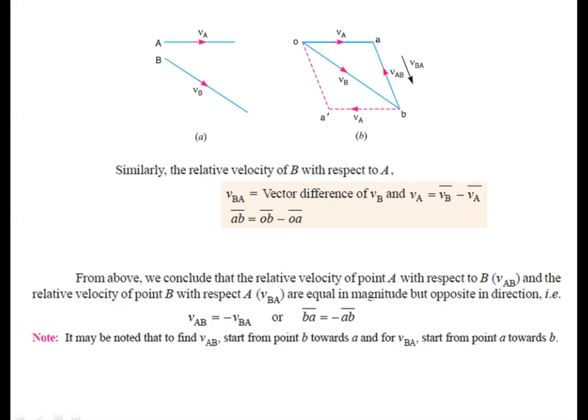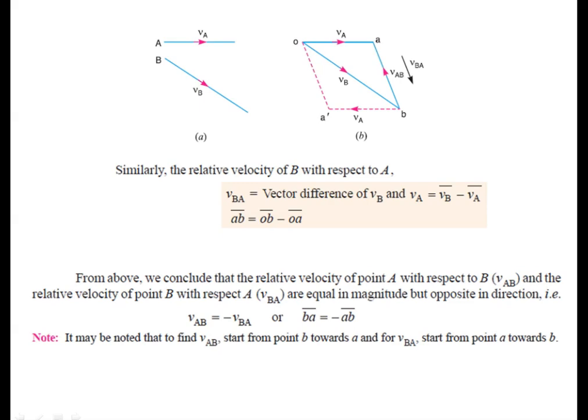From this we can conclude that the relative velocity of point A with respect to point B, VAB, and the relative velocity of point B with respect to A, VBA, are equal in magnitude, the length is the same, but opposite in direction. So VAB is nothing but minus VBA, or vector BA is minus vector AB.